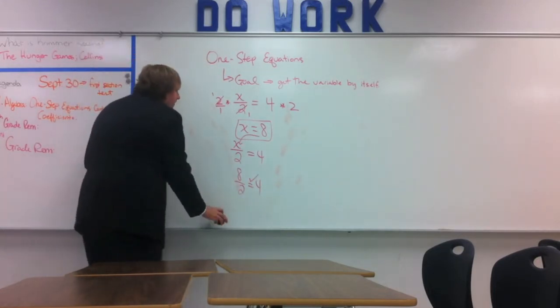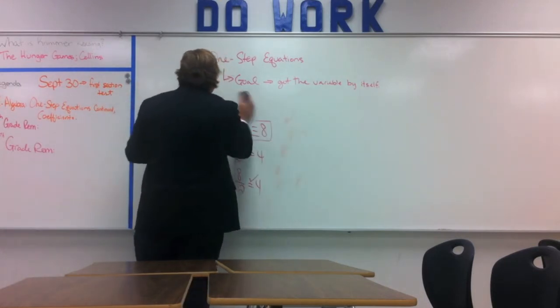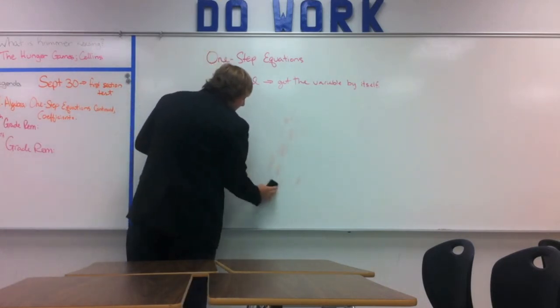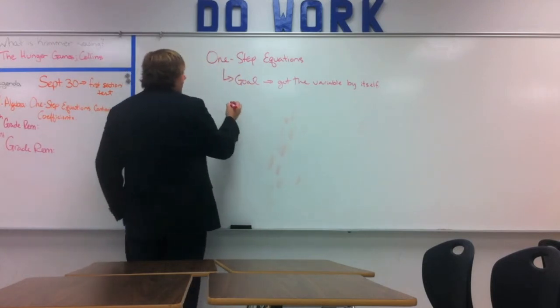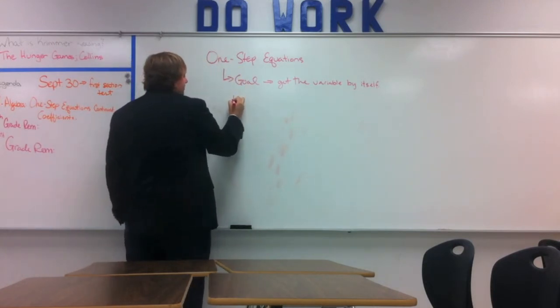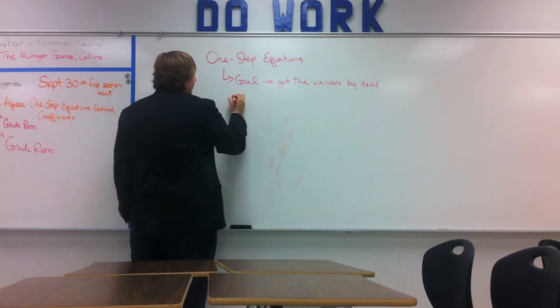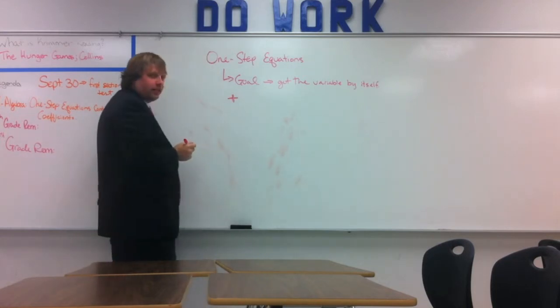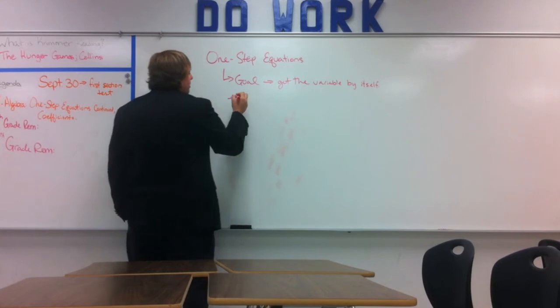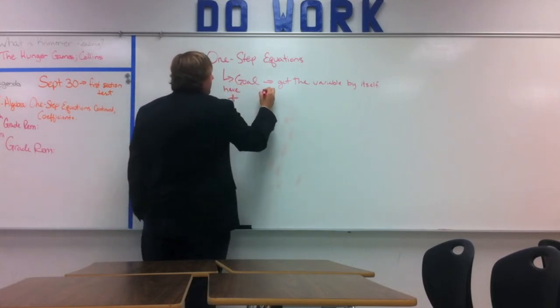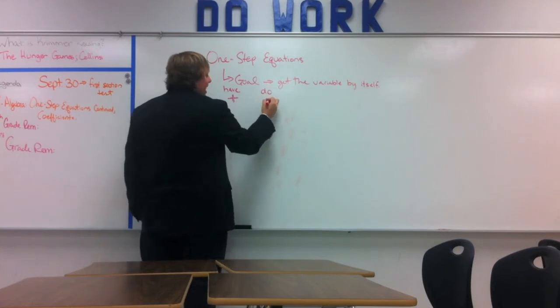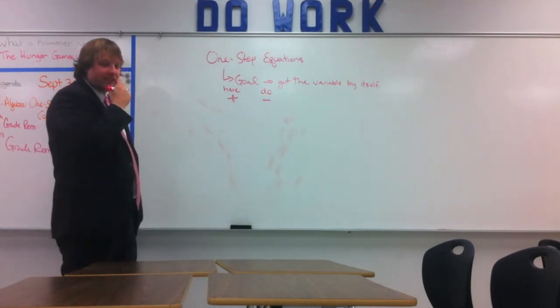So, let's review what we've learned. If you are adding a number to x, and you want to get rid of it, then what you need to do is subtract that number from both sides.